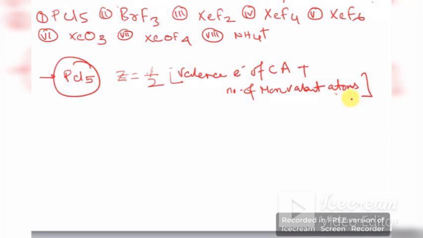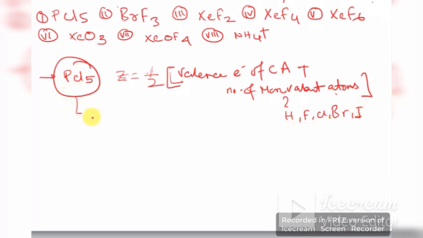For a neutral compound, leave it as it is: valence electrons of the central atom plus the number of monovalent atoms. What are the monovalent atoms? Hydrogen, which is single bonded, fluorine, chlorine, bromine, and iodine. These are monovalent atoms.